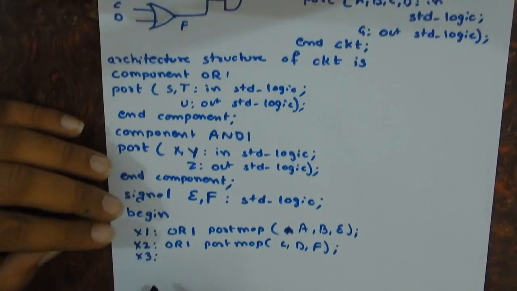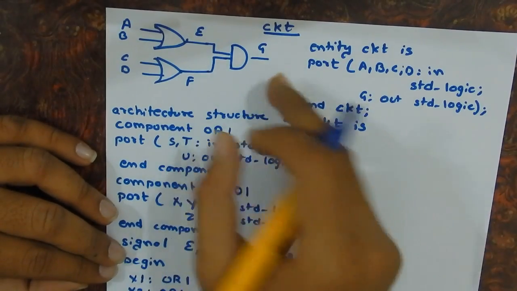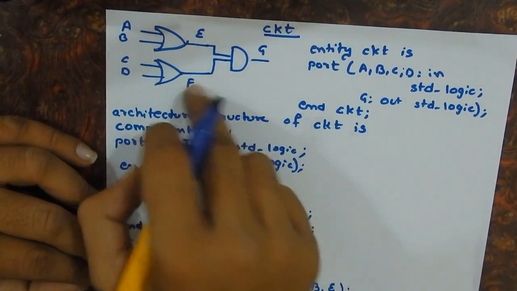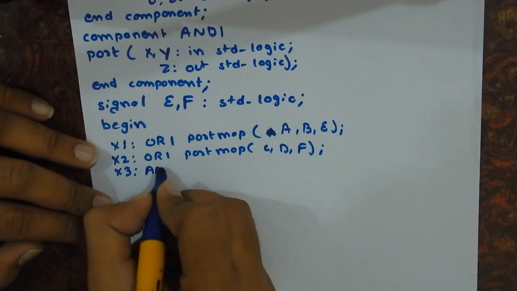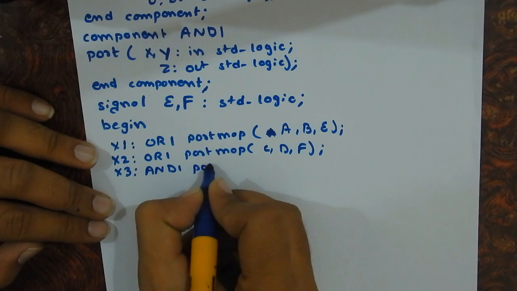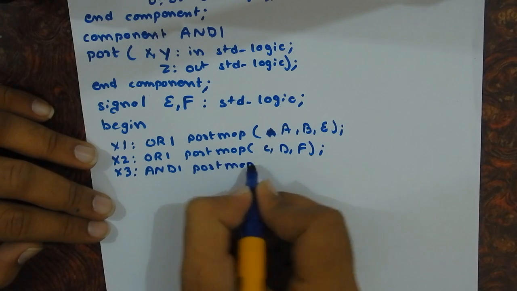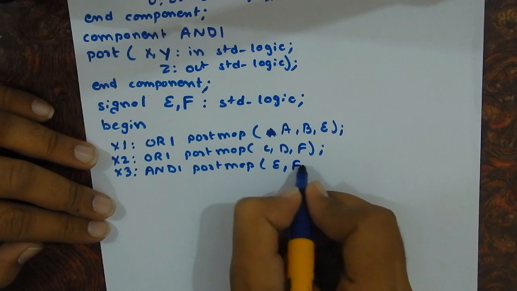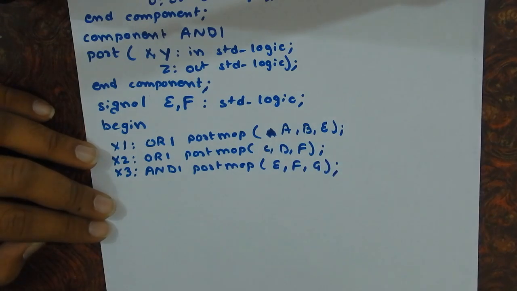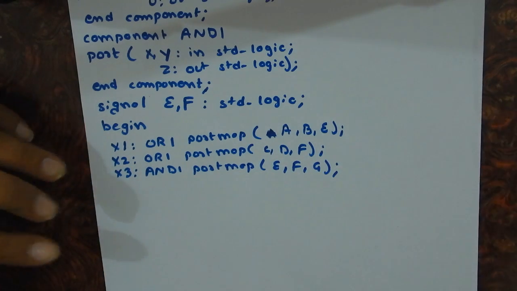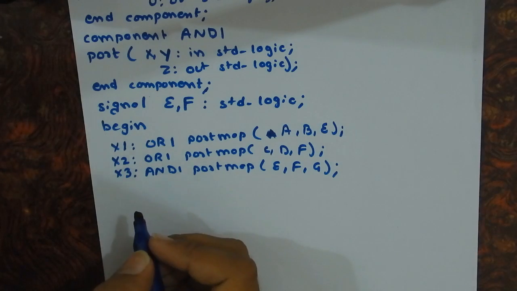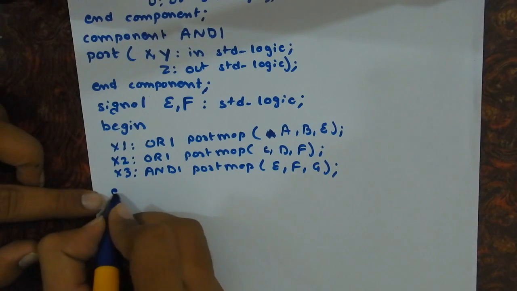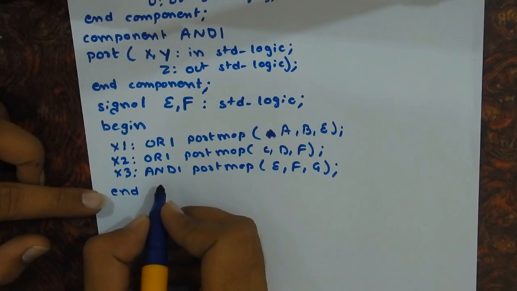And the third instance was for the AND gate, and the ports were E, F and G. So AND1 port map, this is E, F and G. This is all about the instance creation. The number of components will decide the number of instances which need to be created. Now the instance declaration is over, so end architecture, that is structure.